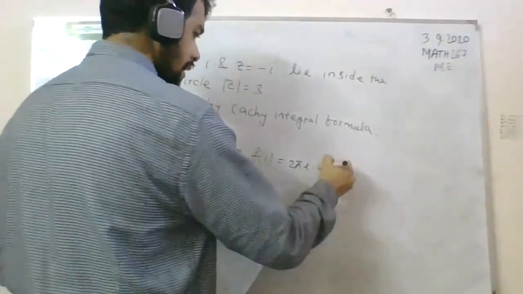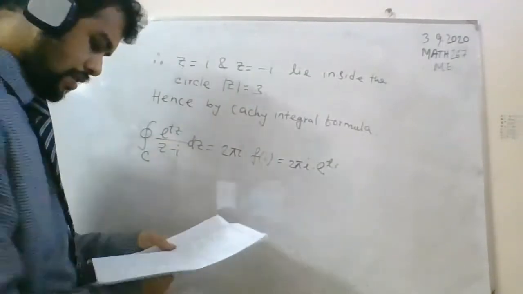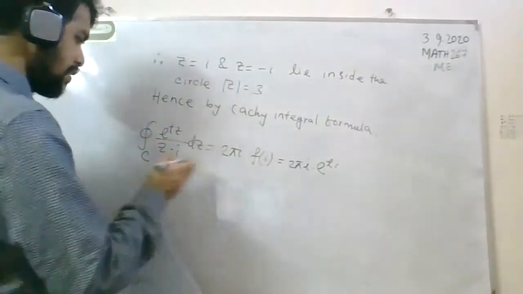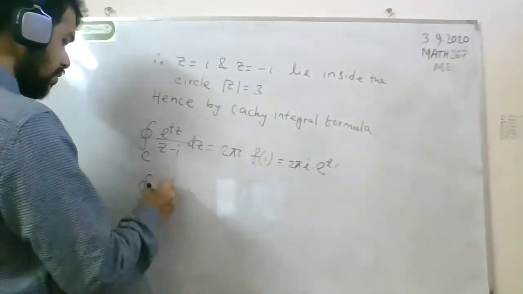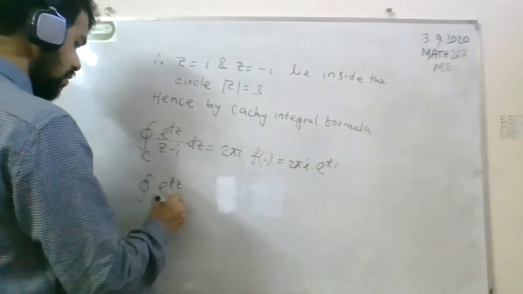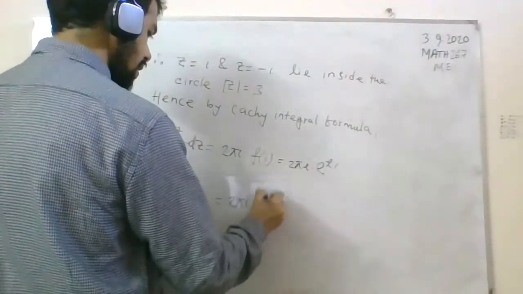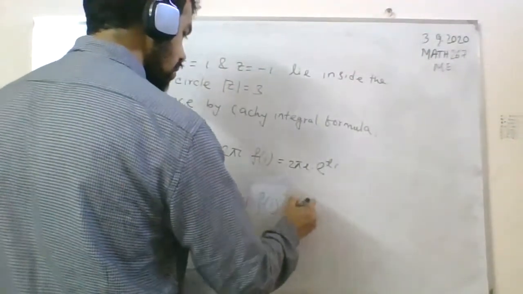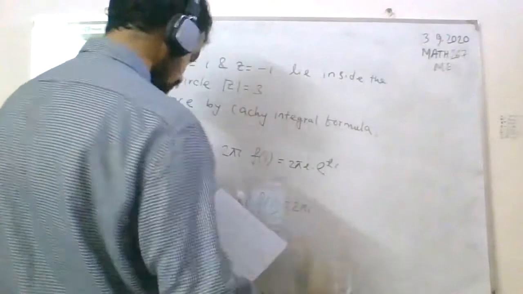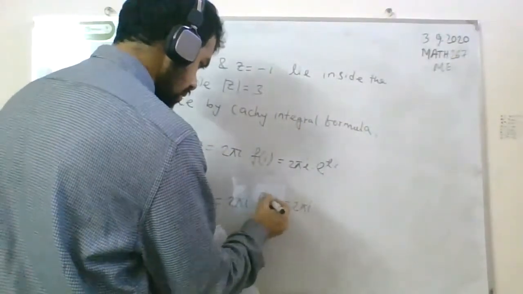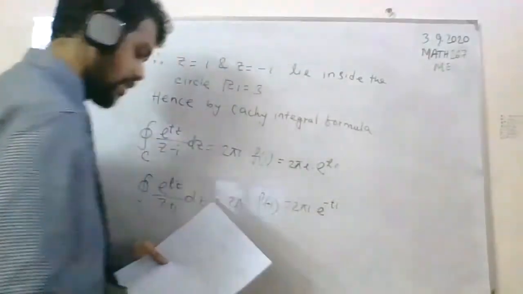So here one of them is 2 pi i into e to the power ti, and if we consider z plus i, then it will be e to the power minus ti. Yes, so same way we can say it is 2 pi i, sorry, minus i, so minus t.